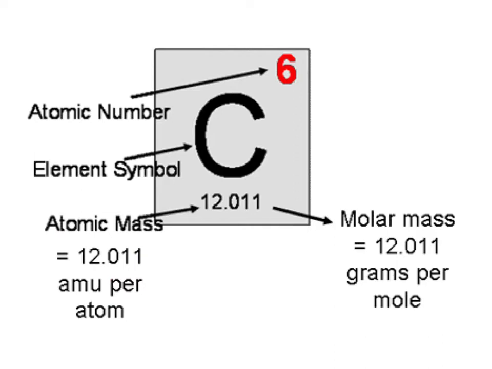Remember, each atom has associated with it a specific mass. So 1 atom of carbon, here's my carbon atom, a representative atom of carbon weighs 12.01 atomic mass units, right? Remember that there's no such thing as a 0.01 mass unit. This is a composite number from the weighted average of the naturally occurring isotopes.